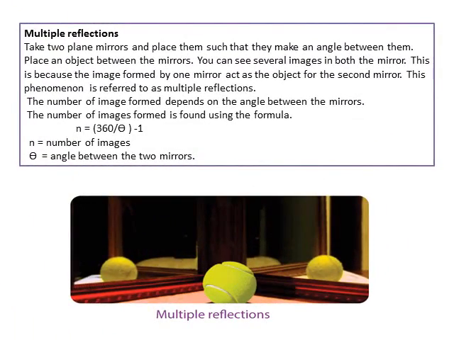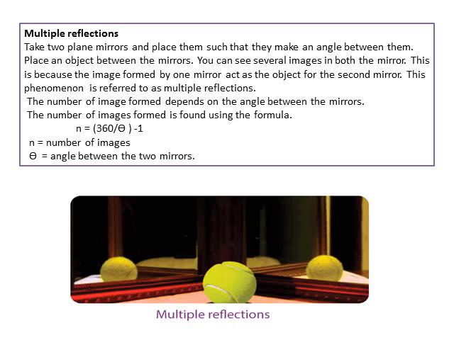Children, now let us go into the details of multiple reflection. Before going into the details, let us see what is multiple reflection. If the reflection is happening again and again, we call it as multiple reflection. For reflection, we need an object and the image is seen in the mirror. So the image which is seen in the mirror becomes an object for the second mirror, and so it forms a third image.